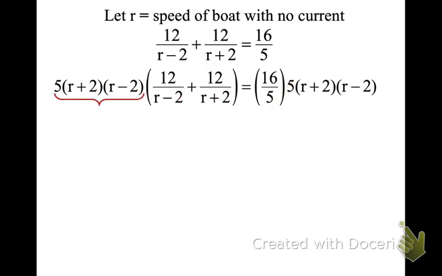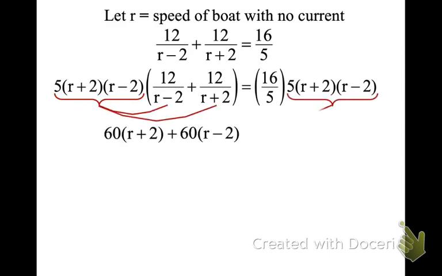Okay? Now, when you multiply that 12 and 5 each time, you're getting 60. Now, we're going to distribute everything. I like to multiply this first before I multiply it by the 16 because I know what that is in mental math. That's r squared minus 4. It's a difference of squares.